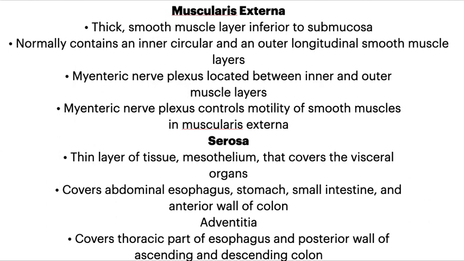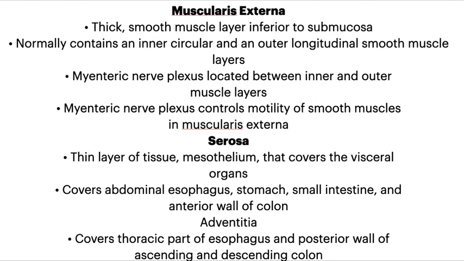Coming to the muscularis externa, a thick smooth muscle layer inferior to the submucosa, it normally contains an inner circular layer and an outer longitudinal smooth muscle layer. The myenteric nerve plexus is located between the inner and the outer muscle layers and controls the motility of the smooth muscles in the muscularis externa. The last layer is the serosa.